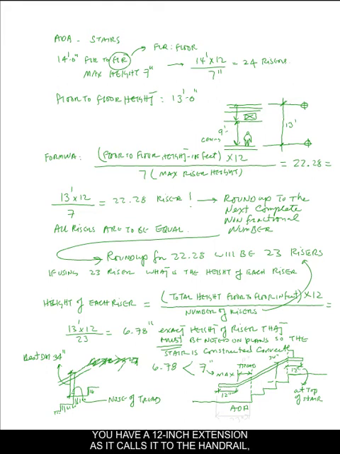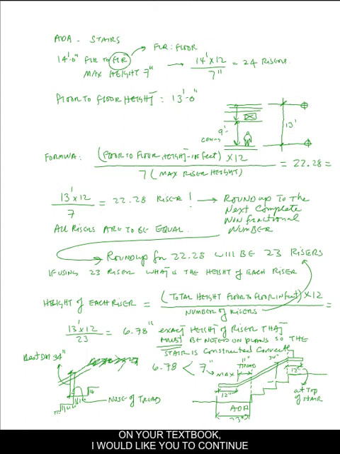You have a 12-inch extension at the top, and at the bottom, the handrail, when it hits the nose of the tread at the last riser, has to continue in the same direction on the tread for the length of the tread, which is about 11 inches minimum, and then extend out parallel 12 inches. So at the bottom, you will have 23 inches of extension, and on the top you will have the 12 inch extension.